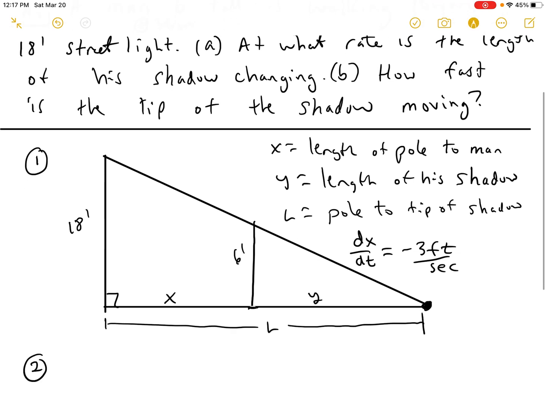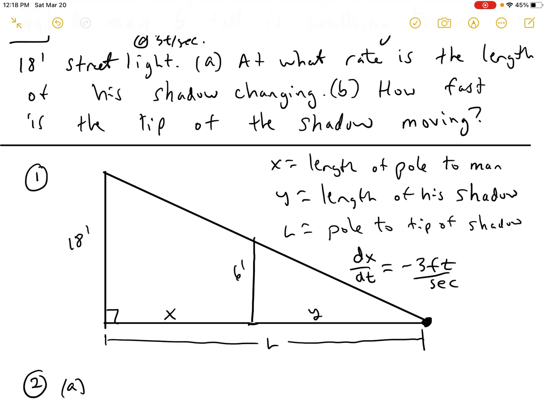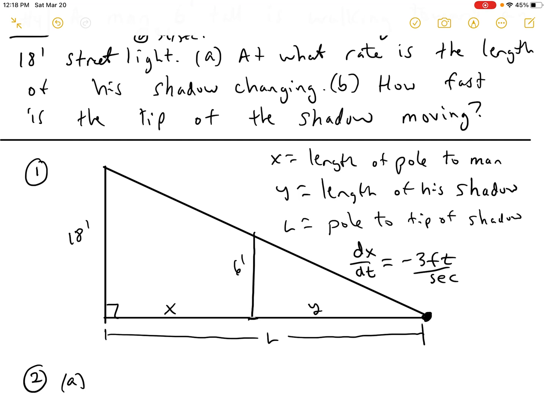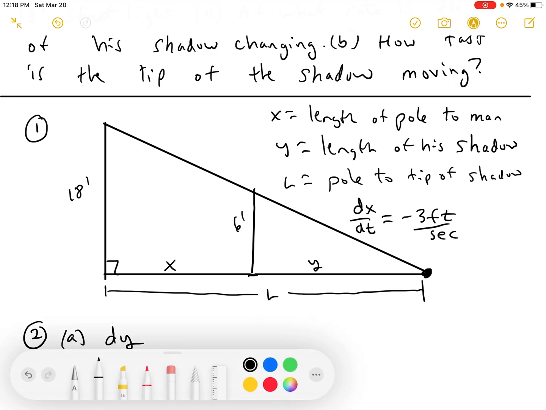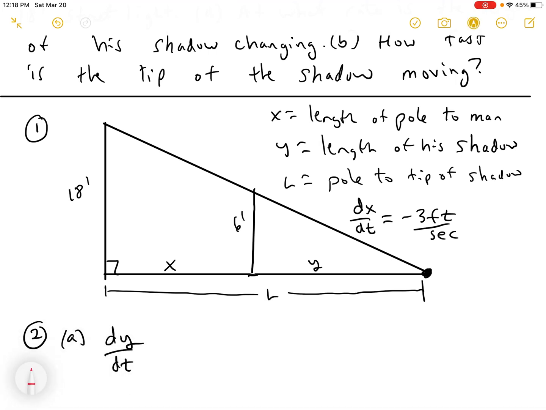Part 2. Now using the defined variables, and you may have used different letters, A, B, and C or whatever, but I like X, Y, and L works as well. So part A says, at what rate is the length of his shadow changing? So that's dy dt. Because if you think about staring at your shadow, of course, it looks like this from your point of view.